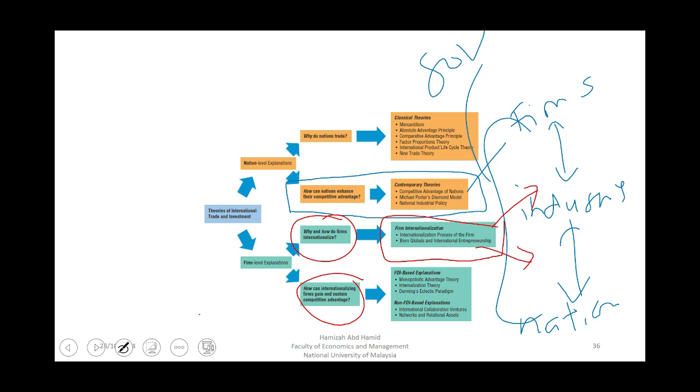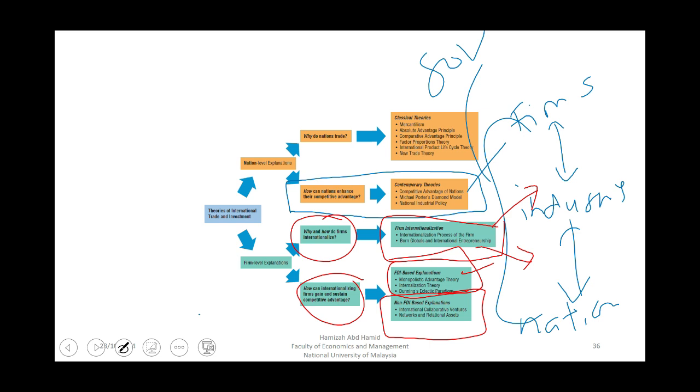How? Remember, internationalization can happen through FDI and non-FDI. So if they are internationalizing using FDI, they can gain and sustain competitive advantage through several strategies and theories.